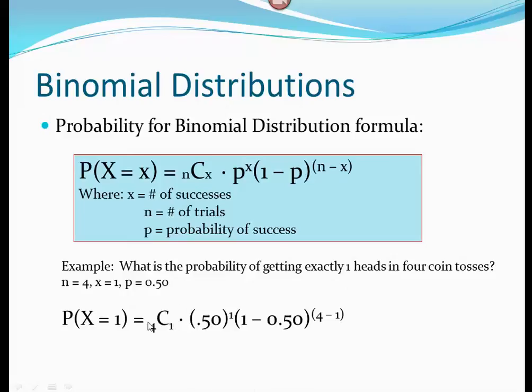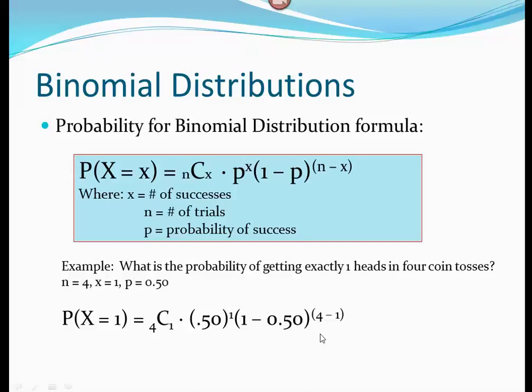What this is going to do is give me the number of ways I could have 3 tails and 1 head. So I don't have to write them all out and try to figure out the number of ways. And then over here, what we eventually come up with is the probability for each one of those specific outcomes.